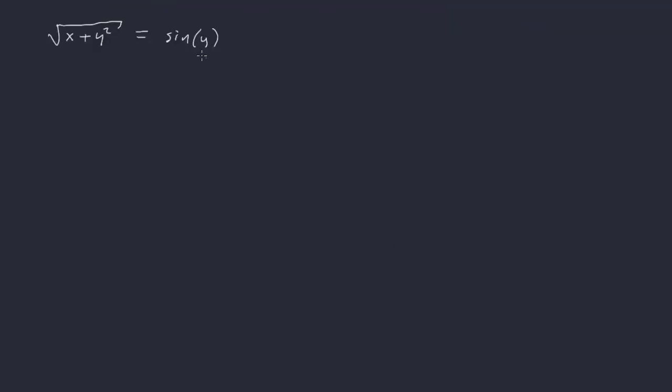All right, so for this example here, let's say we have the square root of x plus y squared is equal to sine of y. Now again, this is one where we could go straight for it and start differentiating. So remember, the derivative of the square root of stuff is the derivative of that stuff.